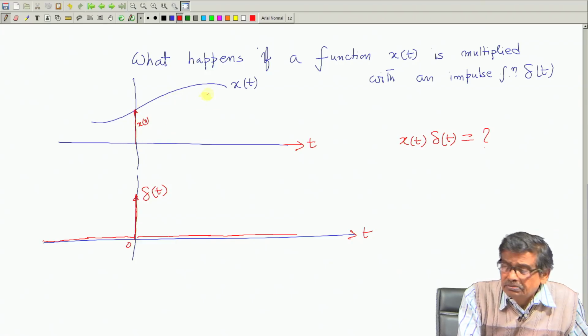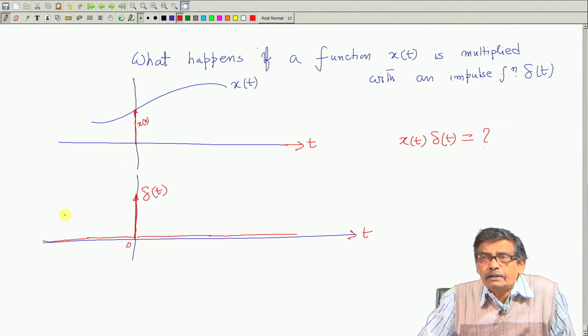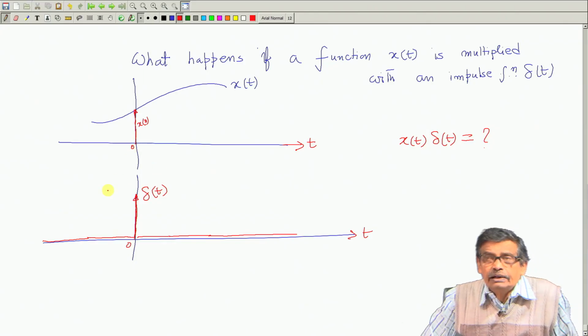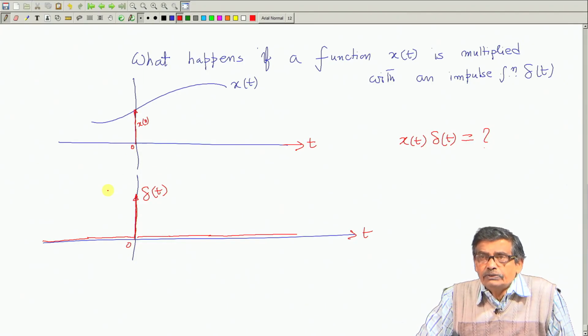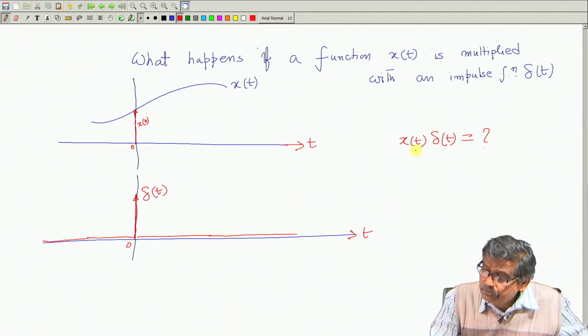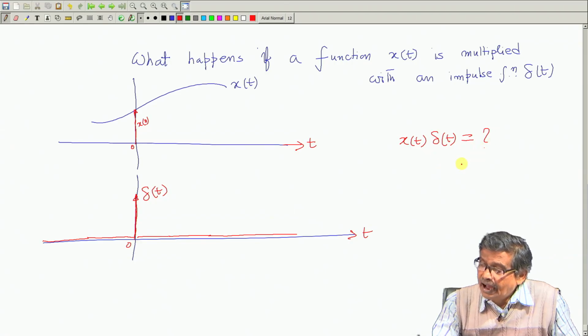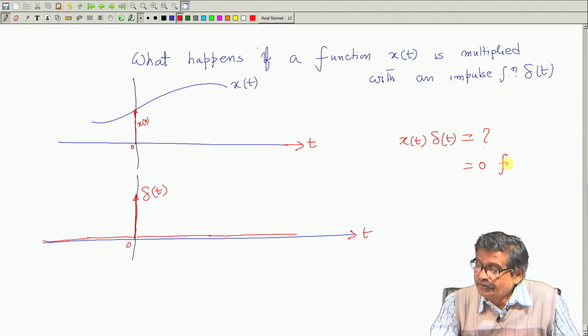For other values, it has no meaning, because this function into 0 gives 0. Only at t equal to 0 it may give some value. So, x(t) into delta(t) is equal to 0 for t not equal to 0.